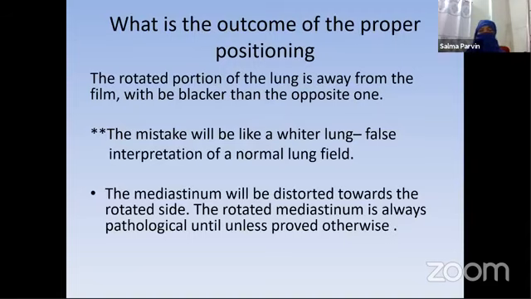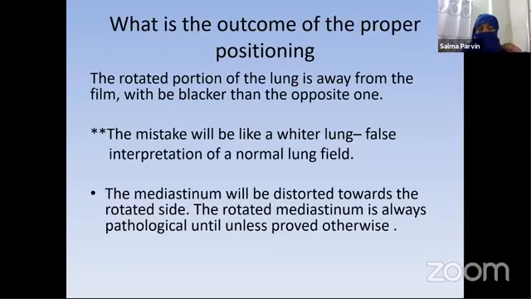But if there is any collapse or any lesion that causes a right pulmonary collapse, the patient will have a midline mediastinum. Even if there is a leftward rotation, you must critically consider this possibility, because a mistaken interpretation of the mediastinum will cause a disaster for both the patient and the doctor.